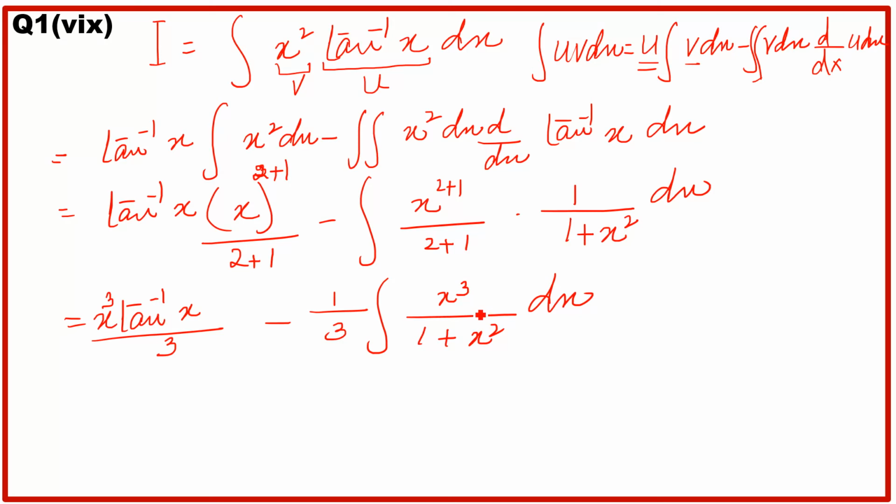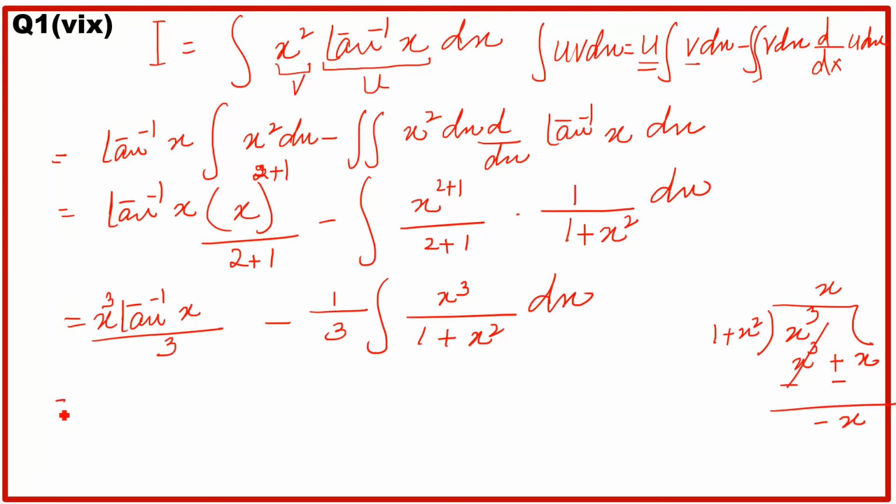So it is greater. I will show you here; this work you have to do on the side. x cube will be the dividend and you have to divide by 1 plus x square. So it will be x, then x cube plus x, minus, minus, this will cross out, and we have minus x.